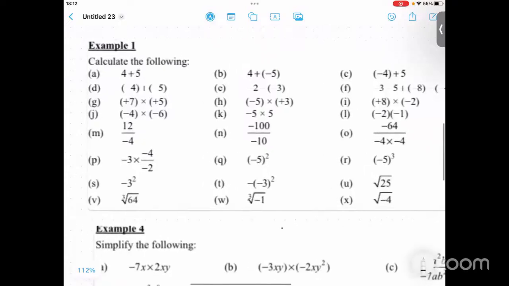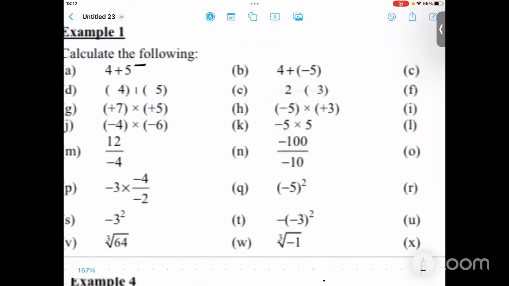What is 4 plus 5? 9. Okay. All right. It's 9, so I'm not going to ask if it's correct because I know probably all of you knew that it's a 9, but you just didn't want to answer. Okay, let's go to B.